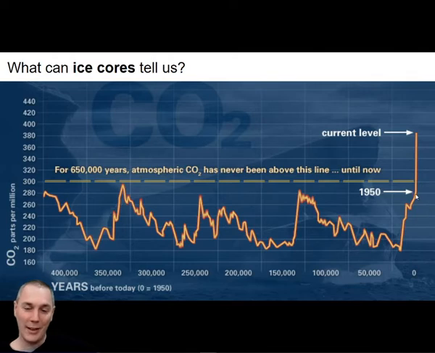So this proves to you that there's something happening in the last 100 years that is quite unique, quite unusual, and scientists are almost as certain as you can be that there's something that humans are doing. This is something that humans are having an effect on, and something that humans have only been doing for a very short period of time.